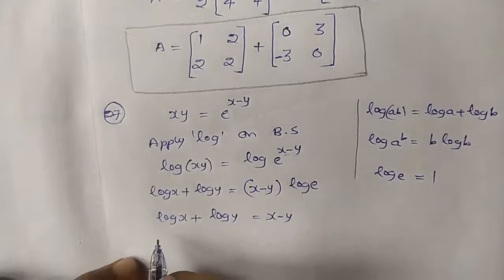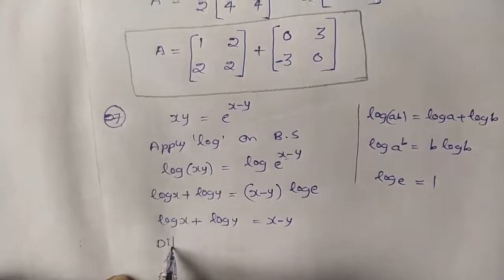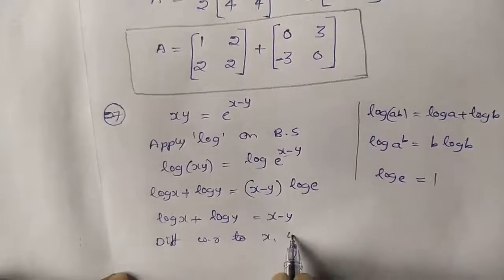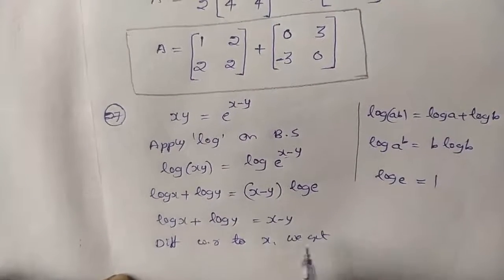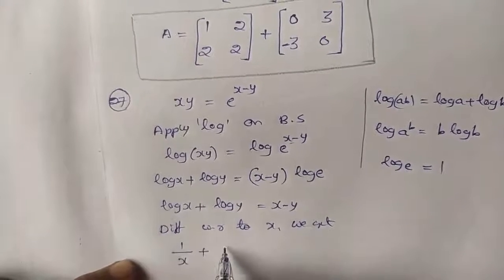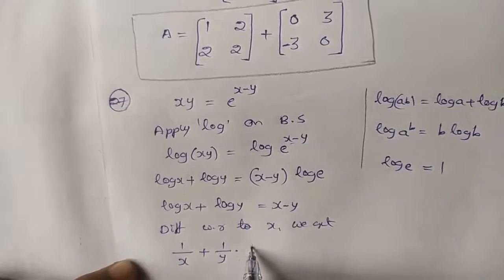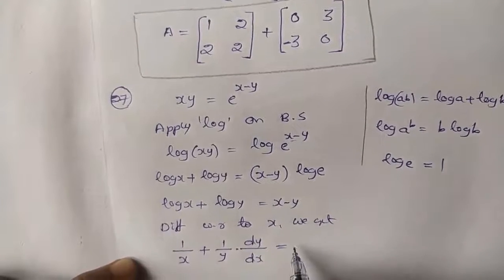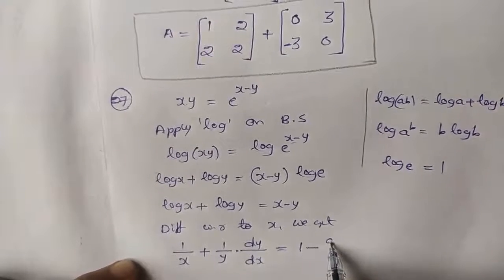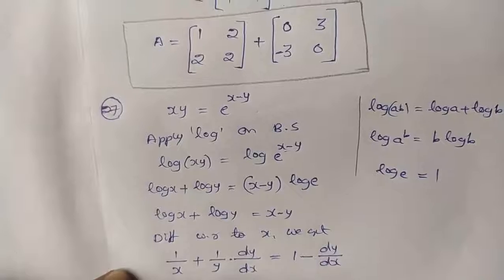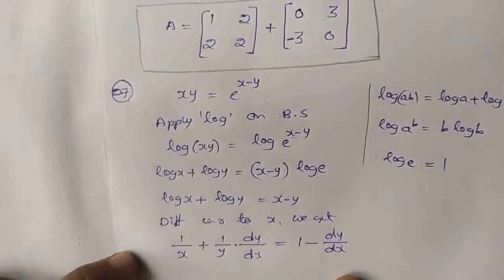Now let us differentiate with respect to x. Then we get differentiation of log x is 1 by x plus differentiation of log y is 1 by y into dy by dx equals differentiation of x is 1 minus differentiation of y is dy by dx. Now take dy by dx to the left, the remaining things to the right.